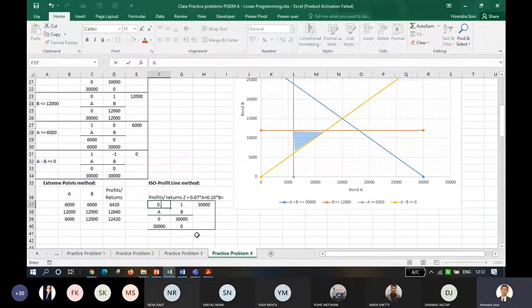It is 0.07. Here it is 0.1, and this is the value that we are going to change. So मान लो हम 6,000 या 2,000 से शुरू करते हैं.